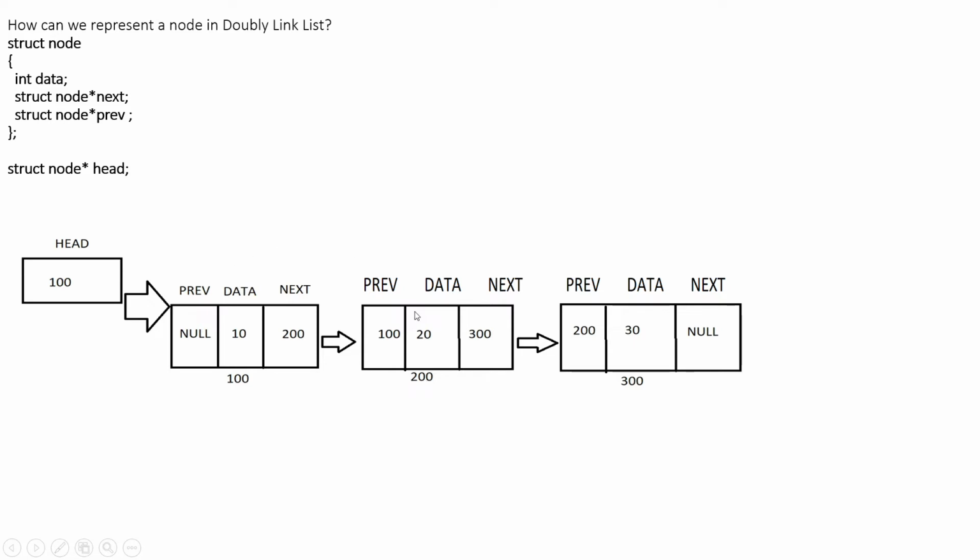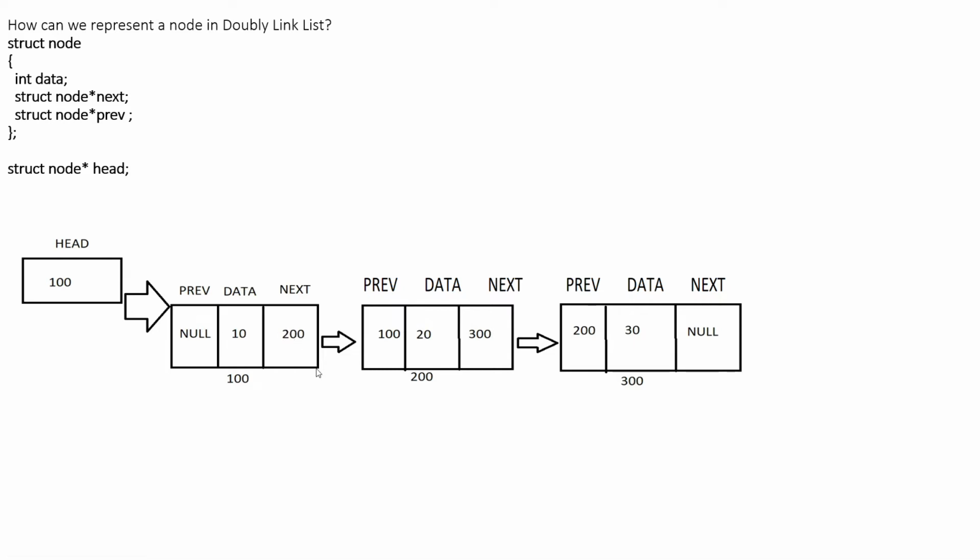For example, in this diagram, we can observe that the first node's next has the address of the second node, that is 200. So why are we doing this actually? This is because we are connecting the first node with the second node by storing the address of the second node in the next of the first node, that is this part.